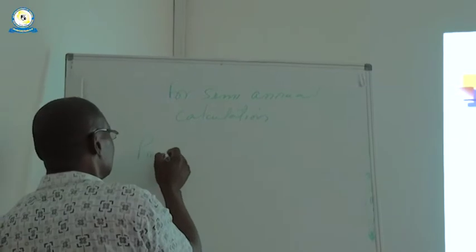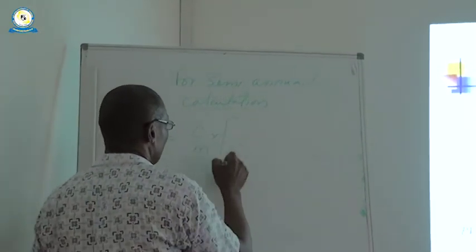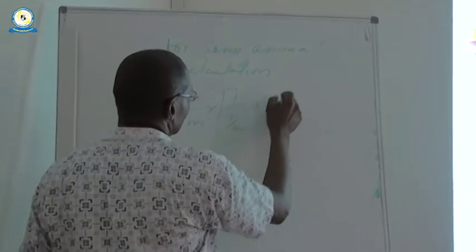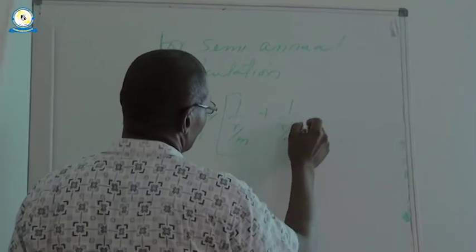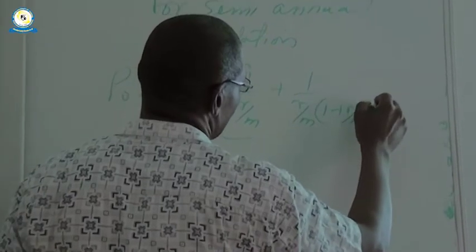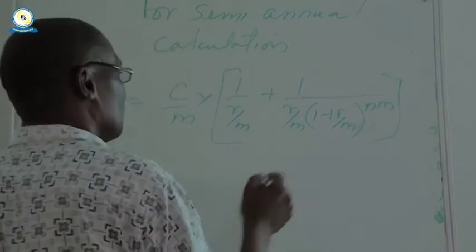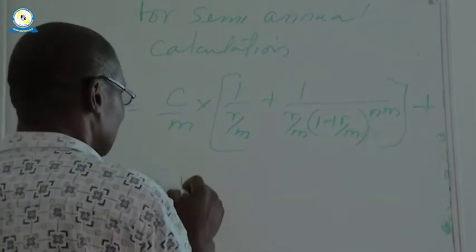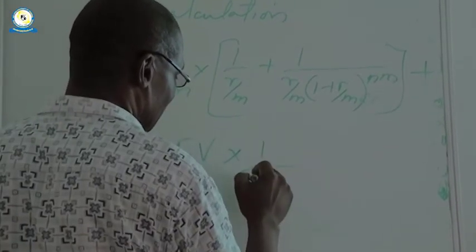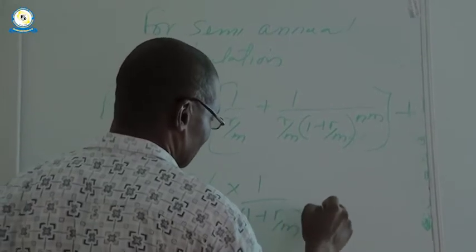P0 is equal to C over M times [1 over (1 plus R over M) plus 1 over (1 plus R over M) squared, up to 1 over (1 plus R over M) power M times N], plus face value times 1 over (1 plus R over M) power M times N.